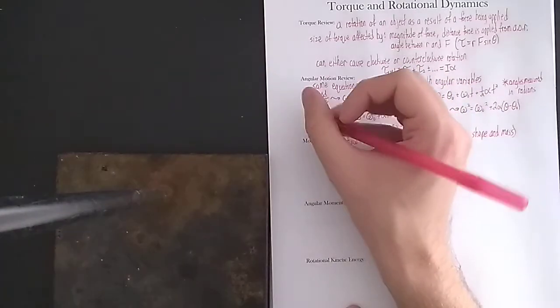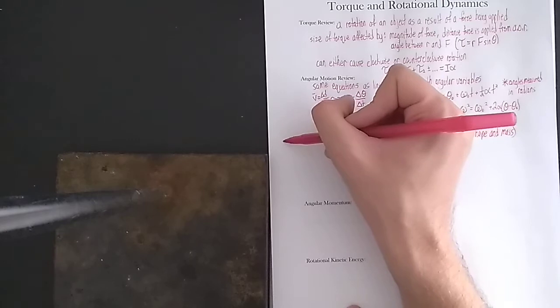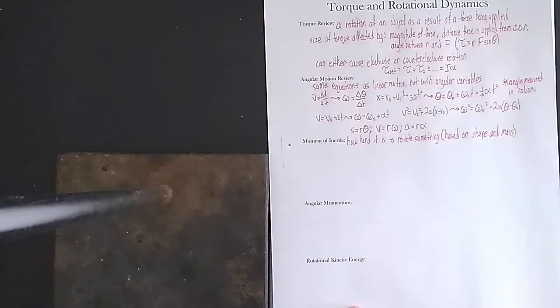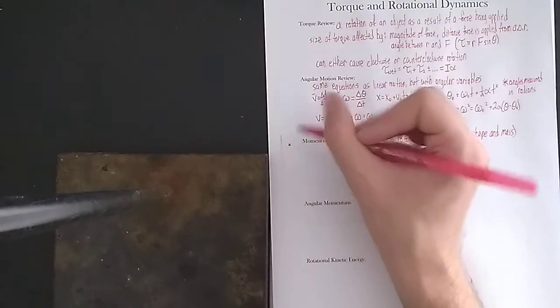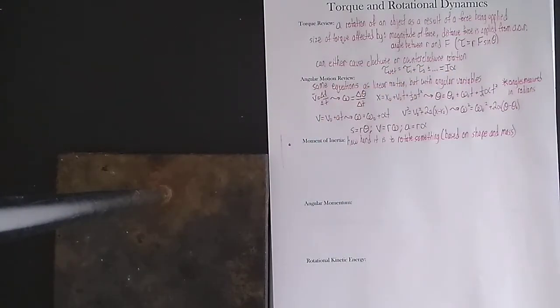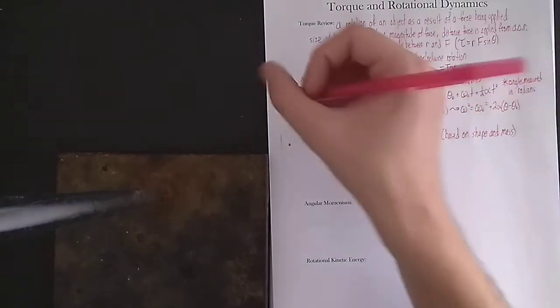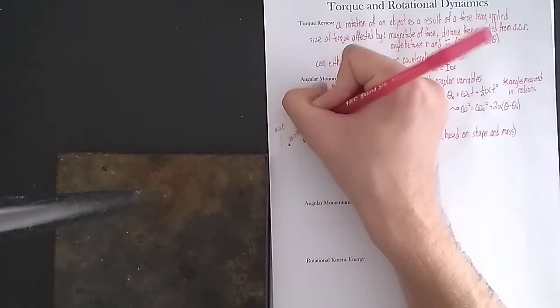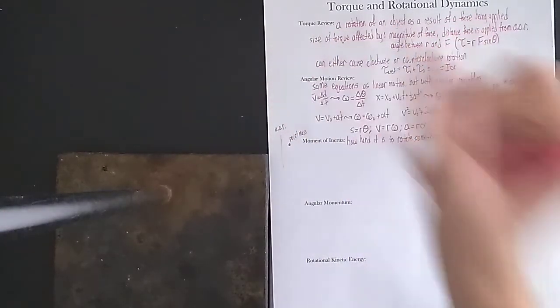So the first thing I want to talk about is, let's say here's our axis of rotation, and we just have a little particle of mass right here. You might want to know, okay, well, if I want to make that revolve or twist or turn or spin around that axis of rotation, what would the moment of inertia be for that?